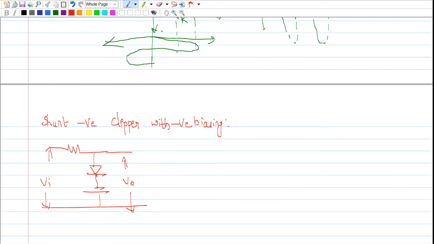First you have to apply the conditions. This is the negative biasing, minus VR, negative voltage. The input signal is a sinusoidal signal only.